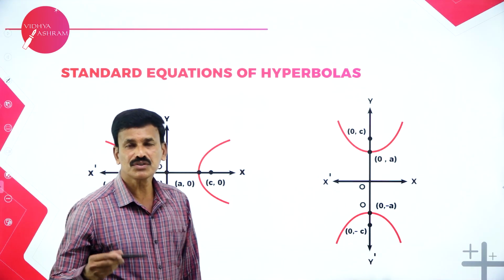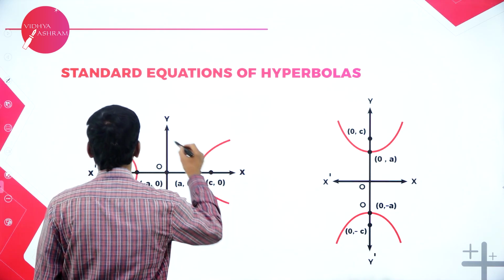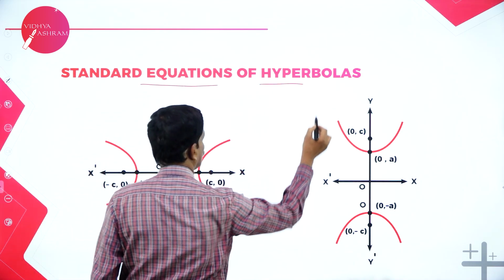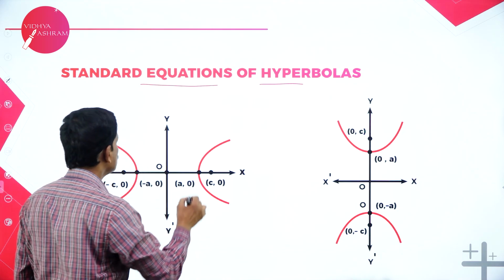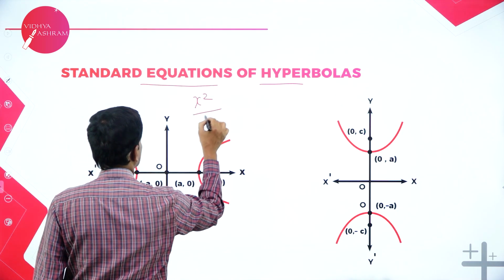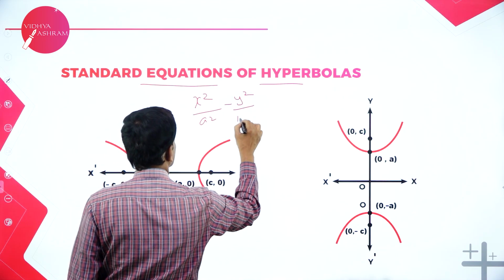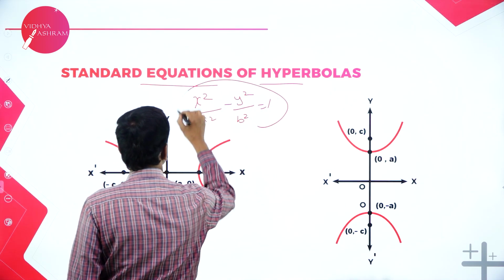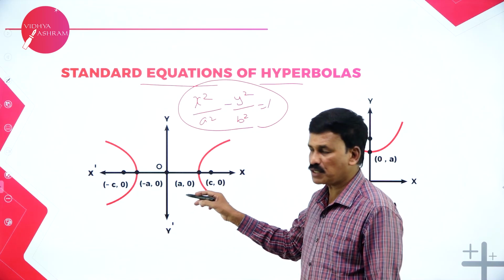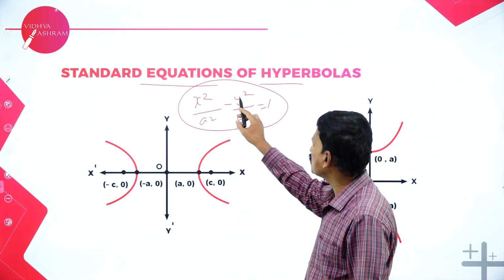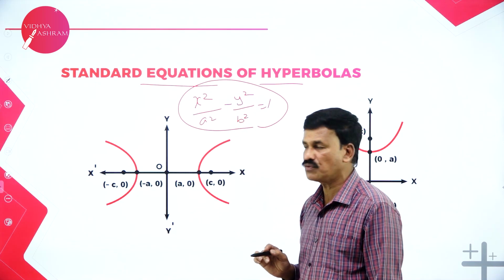Now let us move on to the standard equations of the hyperbola. The first one is the equation of the hyperbola in the form x square by a square minus y square by b square is equal to 1.